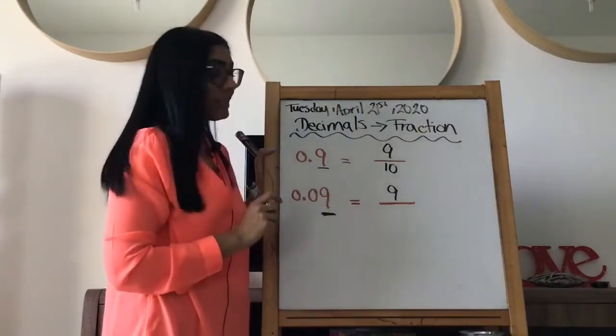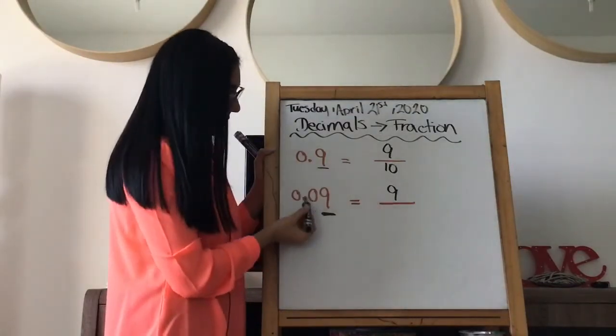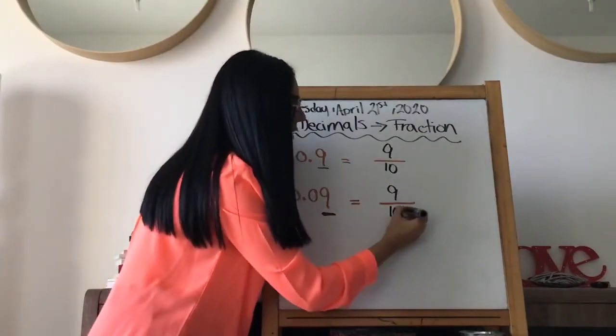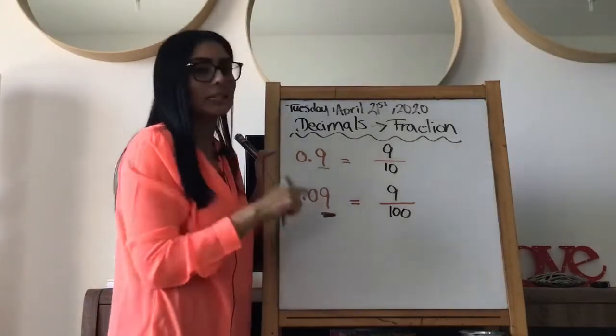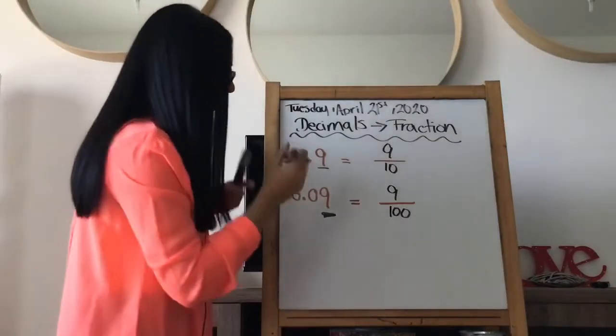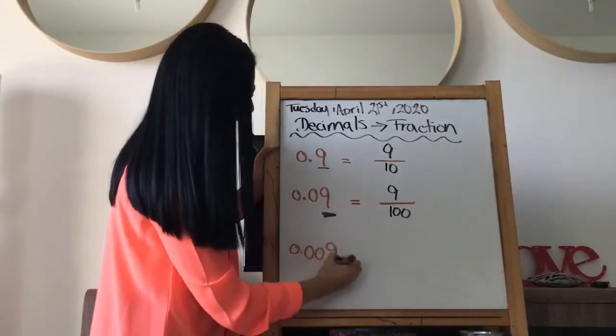Now it's not in the tenths, it's in the hundredths, right? Decimal point, tenths, hundredths. So now I have to put 100. Do you see why we did that? Because it's the place value of the last number that we just looked at. So 9/100.